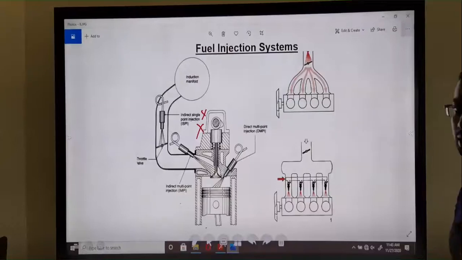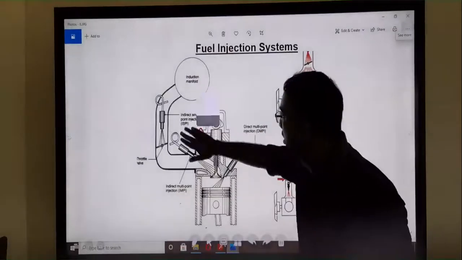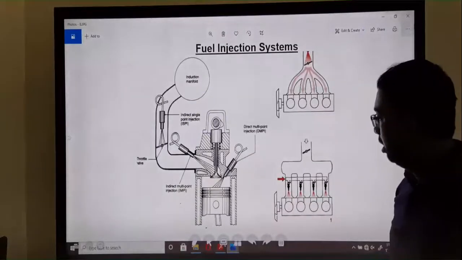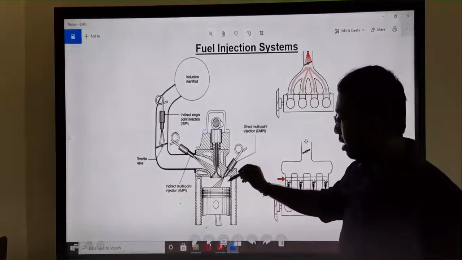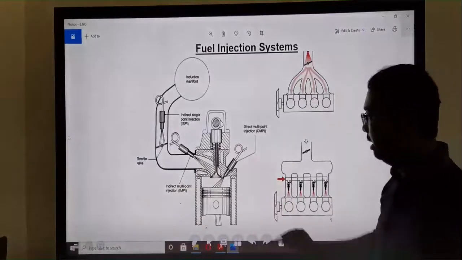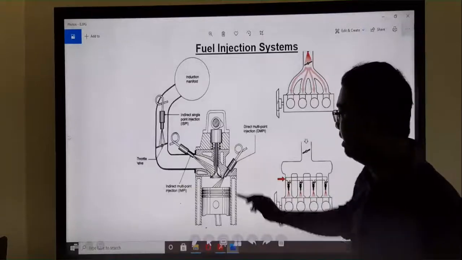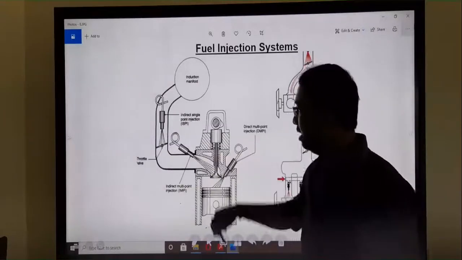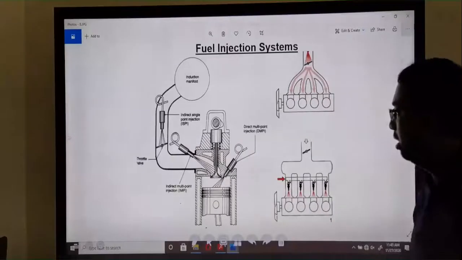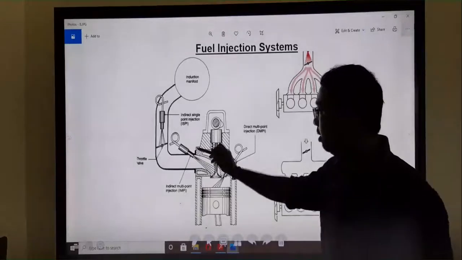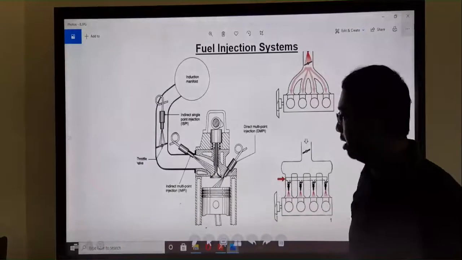You can see these injectors inject inside the cylinder chamber, so this is called direct. But with this type of injection, the injectors inject the fuel into the manifold. This is the head, then they inject into the manifold. So these two injectors are called indirect, but here that is direct.